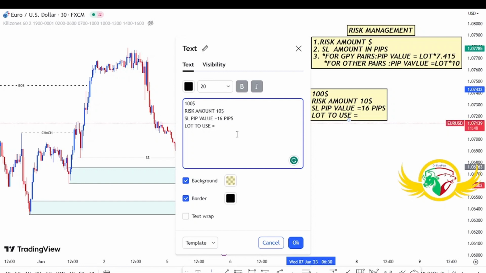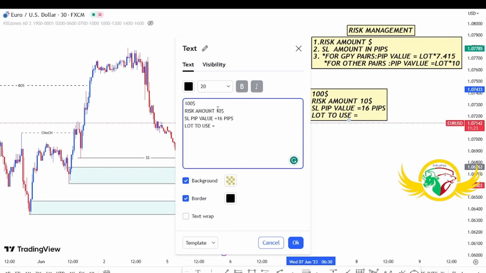For me, I started with a very small account, a $100 account. You can even start with $20. If you start with $20, you have to ask yourself, how much am I willing to lose on my $20 account? You can even say, I'm going to risk $5.